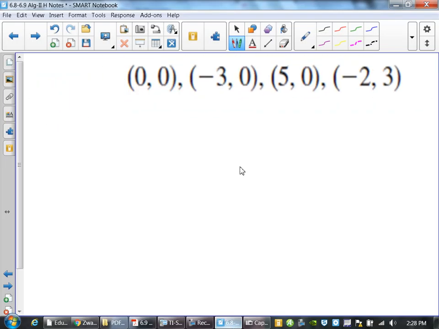All right, so here's 4 ordered pairs. I'm going to write out the cubic function with those 4 ordered pairs. So we're going to write it into the form.